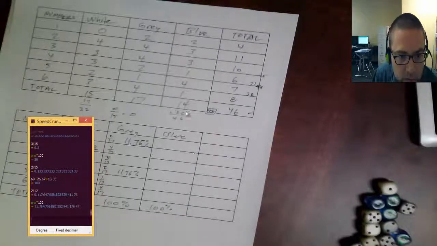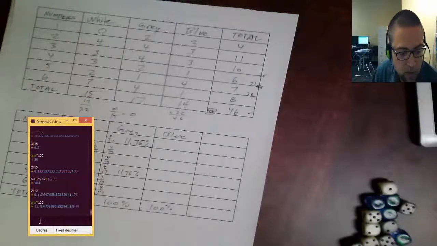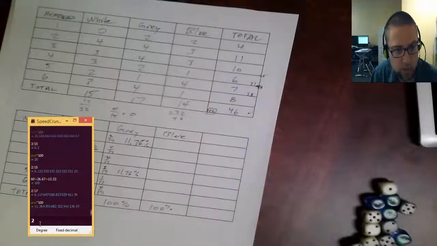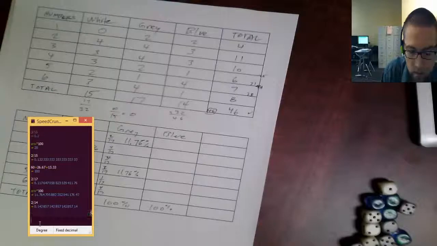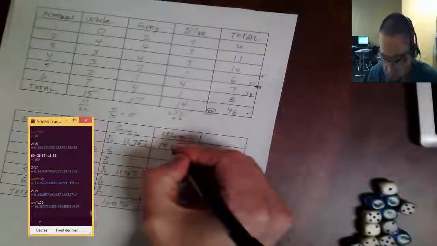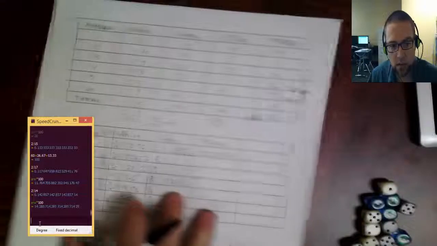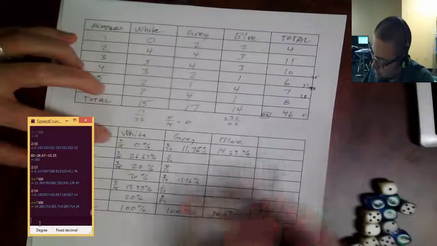The blue dice I would do out of 14, right? Because that is the total number of blue dice. So let me do a couple of those. 2 divided by 14 times 100 is 14.29%. And let's just show you that the total percent adds up.